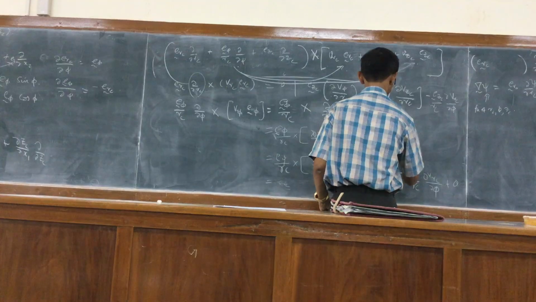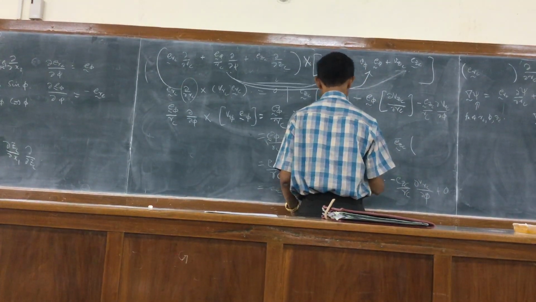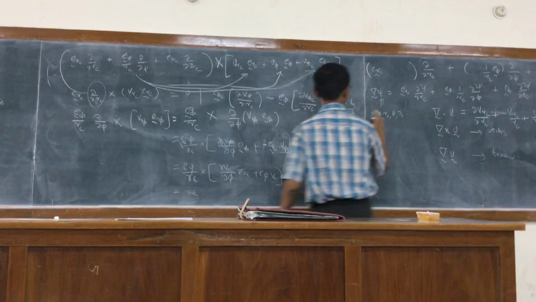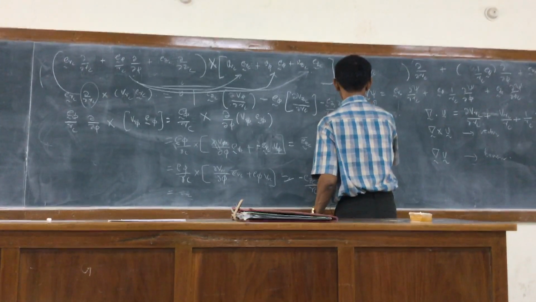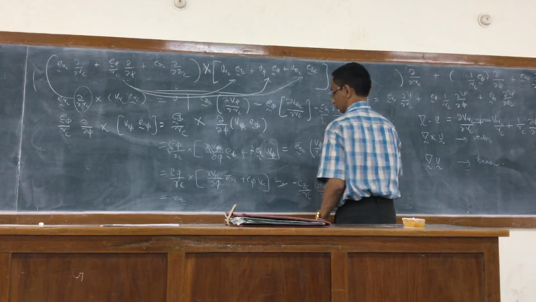We get now another term for EZC, so that would be d phi by RC, positive. So I get another term here: plus EZC d phi by RC.